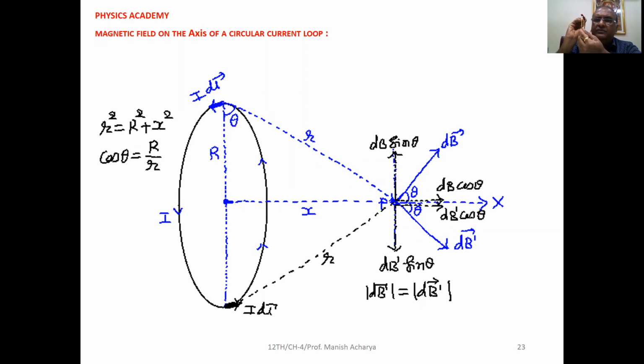Clear to all of you? Here the current element is towards me, and this one is the axis. So with respect to this current element, you can represent the position vector in this manner. Got the idea?